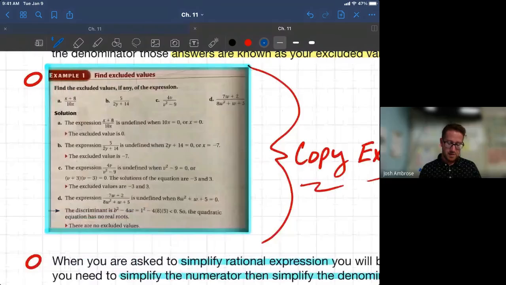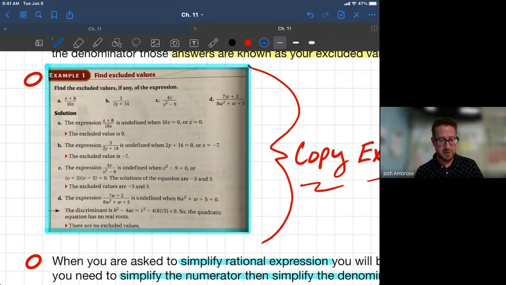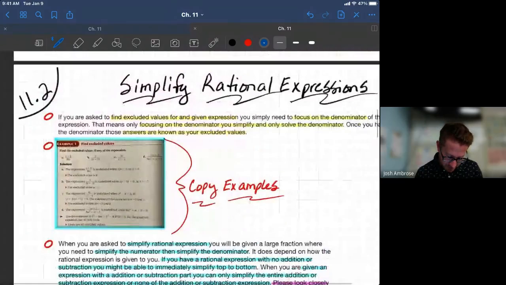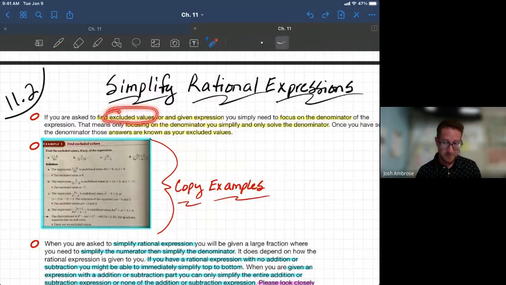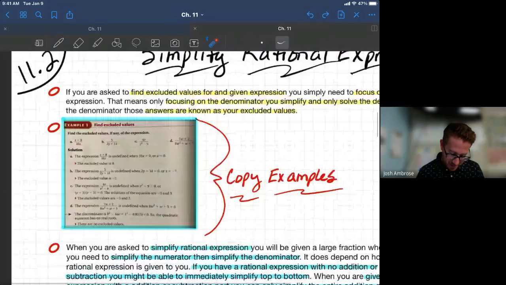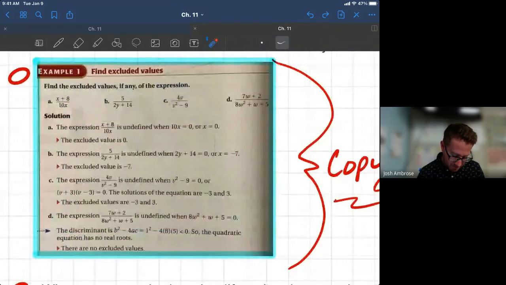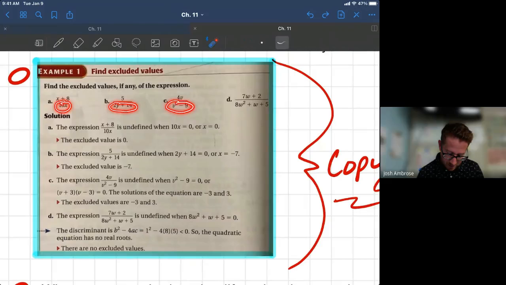And right here, we are talking about a concept called excluded values, which are discussed in this top paragraph right in here, which you would have already paused and copied down. Excluded values strictly focus on the denominator, not the numerator, just the denominator.